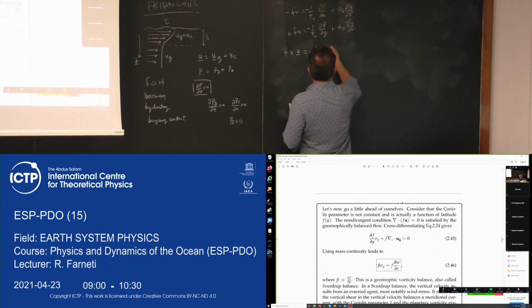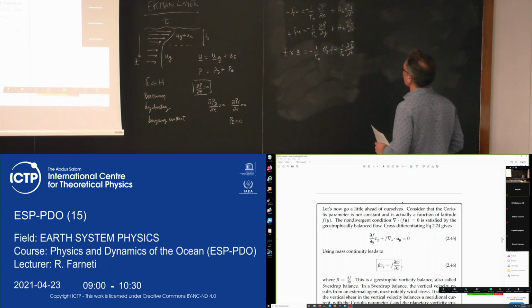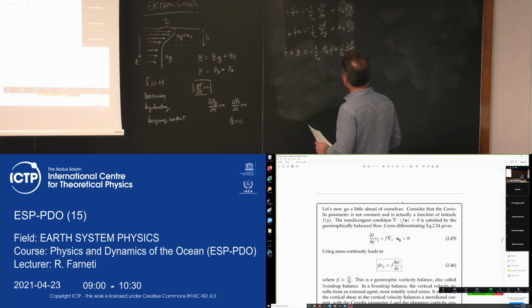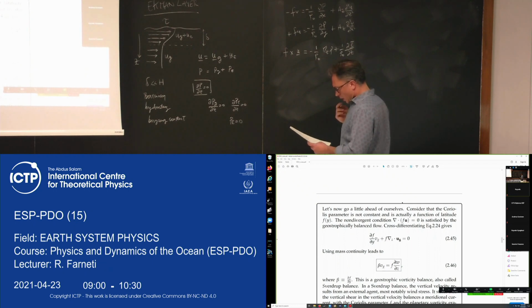Okay, I can put all of this into a single equation as this. Combining the two momentum equations, this is the frictional geostrophic balance. You have the geostrophic balance and the frictional balance.